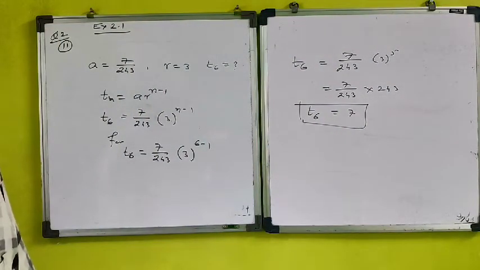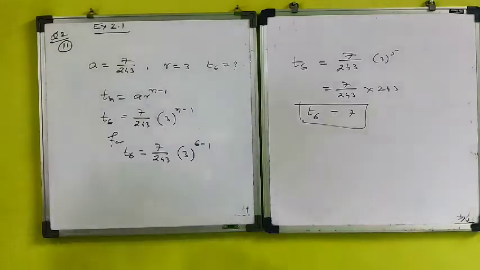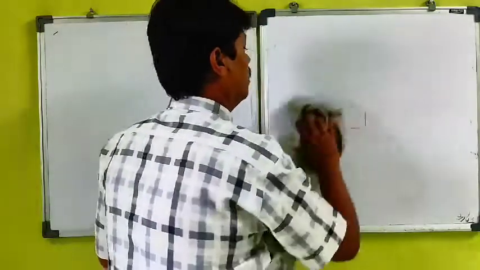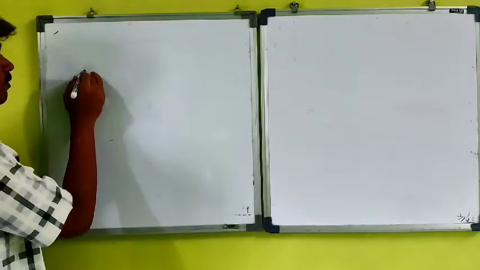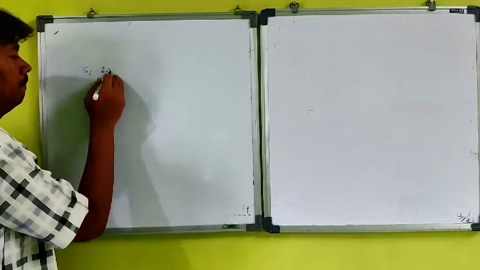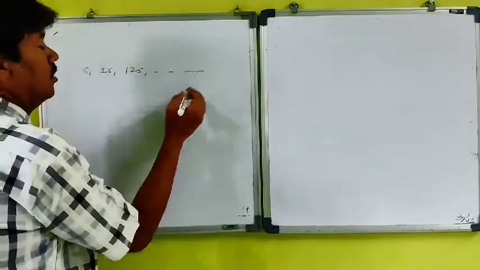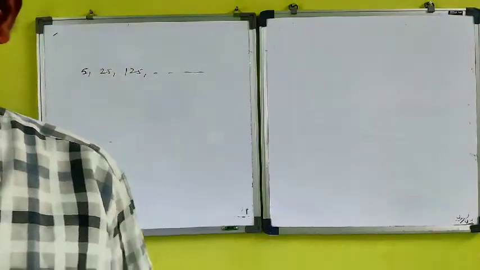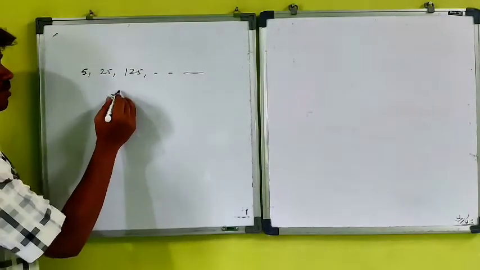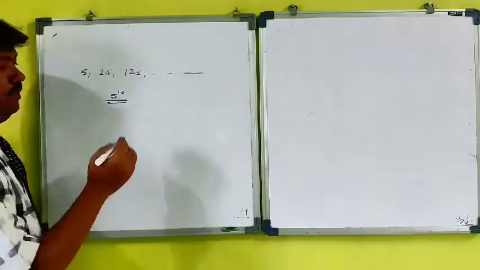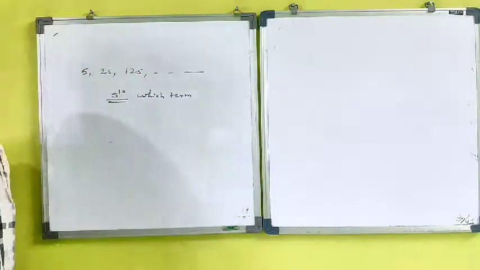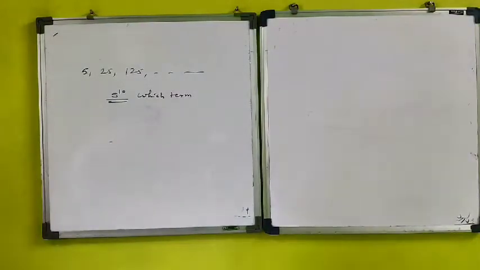Now the third question: which term of the sequence 5, 25, 125 is 5 raised to 10? This is very easy if you observe it.